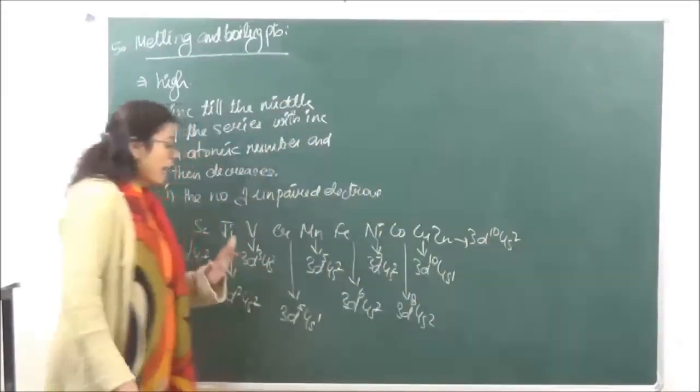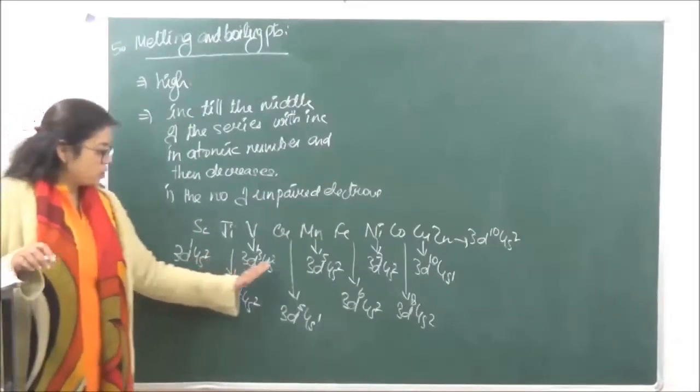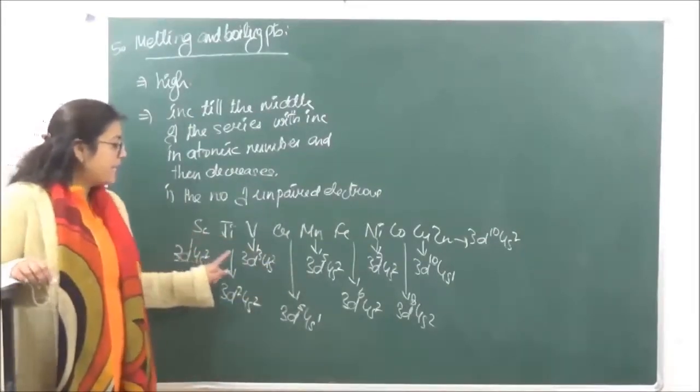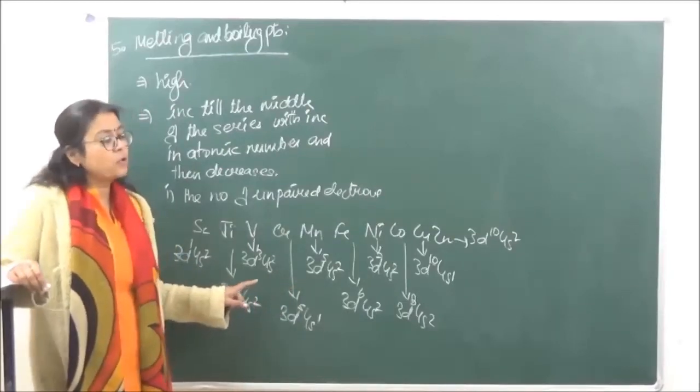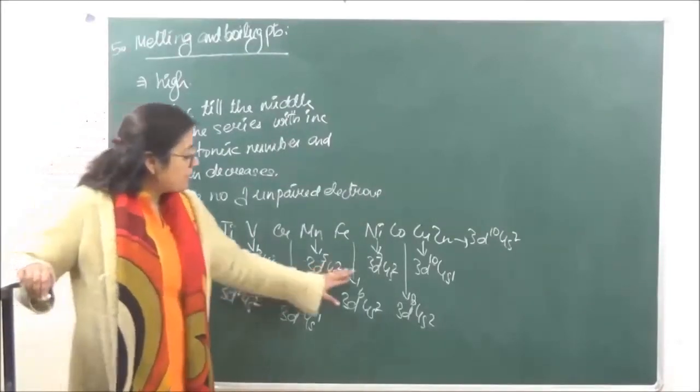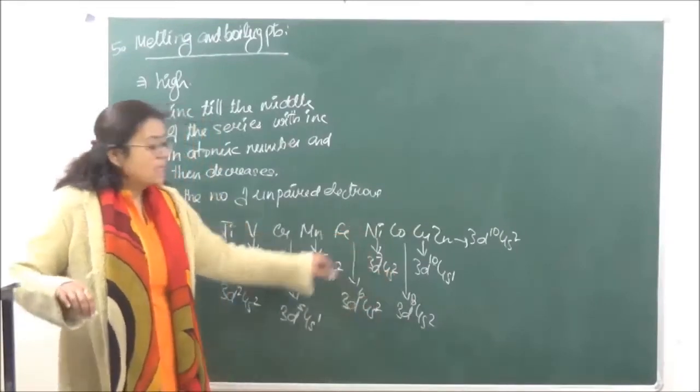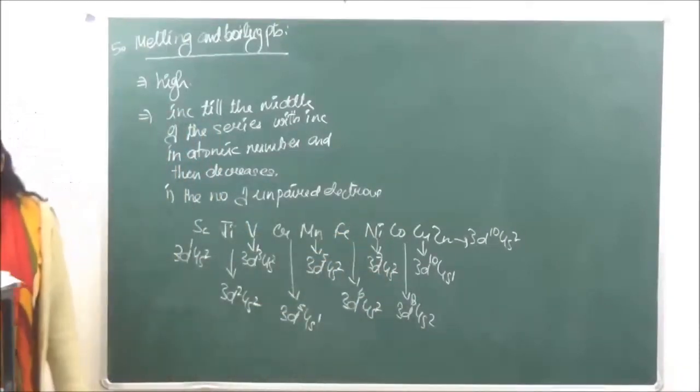As the number of unpaired electrons keeps on increasing, the melting points will keep on increasing because the intermetallic bonding is going to be stronger. As the number of unpaired electrons keeps on decreasing, the melting points will also keep on decreasing.